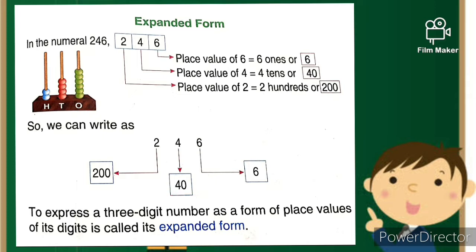Let us again take the example of number 246, where the place value of 6 is ones, place value of 4 is tens, and place value of 2 is hundreds. So we can write it as 200, 40 and 6. Like this, we will expand the number and write it in expanded form.